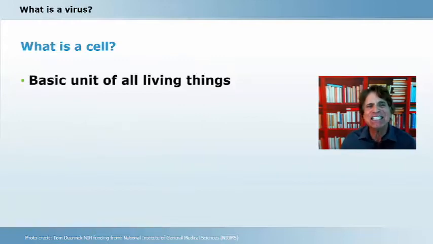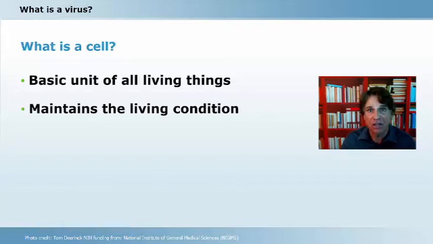Now let's take a closer look at what is a cell. A cell, as I said, is the basic unit of all living things. It doesn't matter whether you're unicellular, like an amoeba or a paramecium or a bacterium, or if you're multicellular, like a cat, a dog, or a person. The basic building block is that cell.